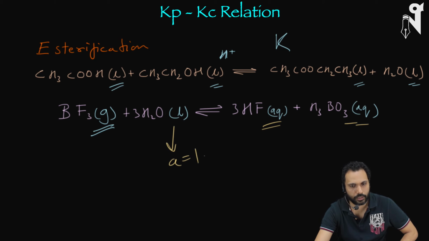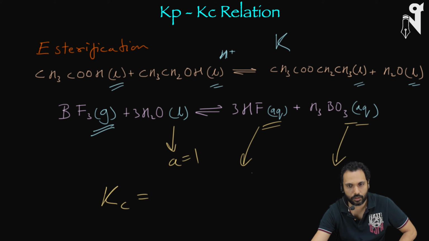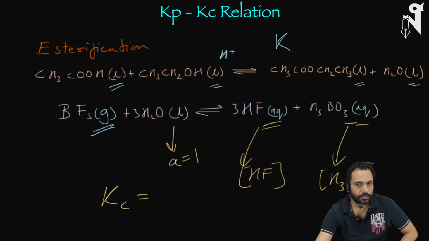If at all such a question comes, you'll be talking about Kc, so that we can write the concentration of this, the concentration of HF, the concentration of boric acid, and the concentration of this, even though it is gas. We have already discussed that number of moles per unit volume is the concentration. So we'll be doing Kc and not a Kp value for this.